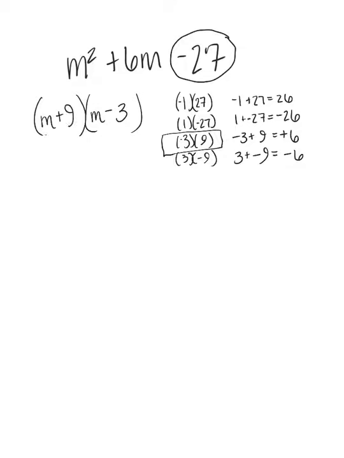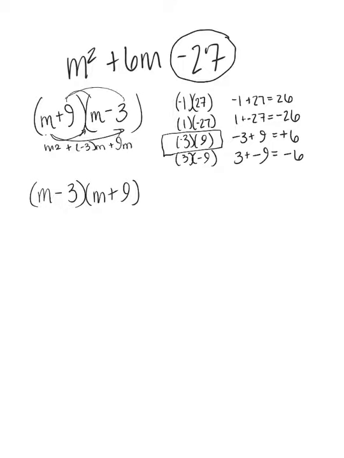Now, would it matter if I wrote it as m minus 3 times m plus 9? Well, let's check. Here, I'm going to do FOIL. I'm going to get m squared plus negative 3 times m plus 9m minus 27. M squared plus 6m minus 27.